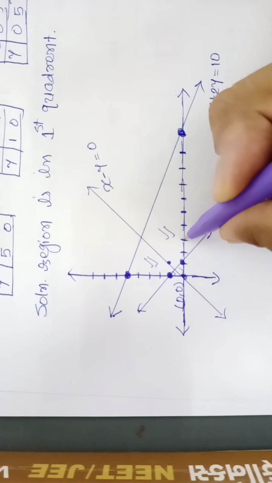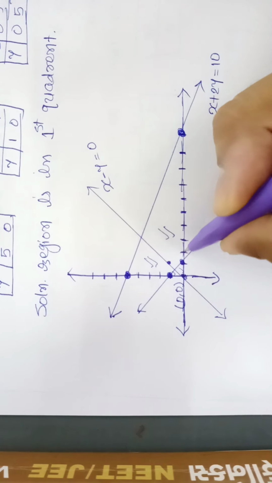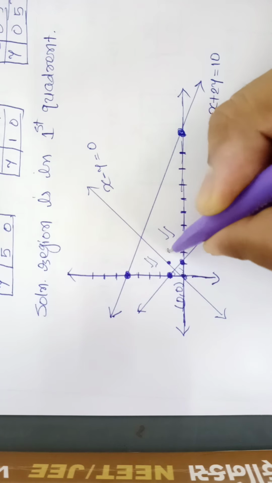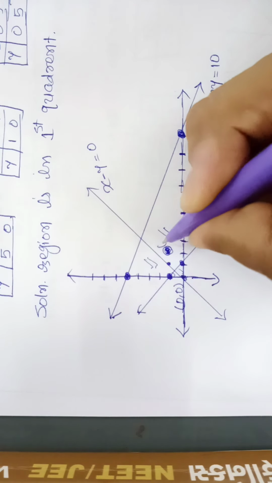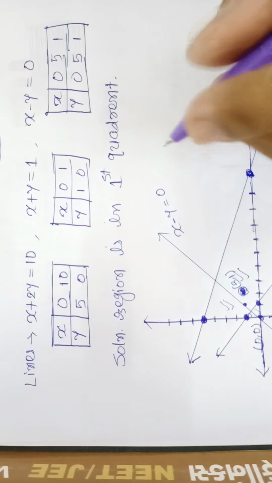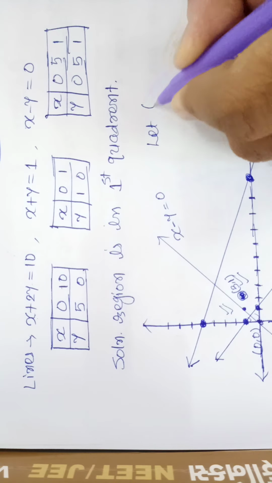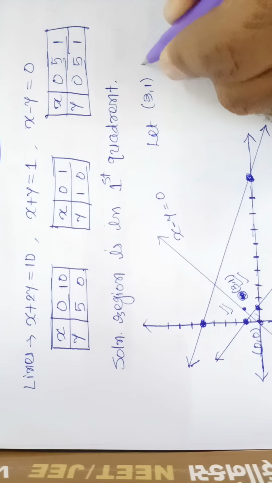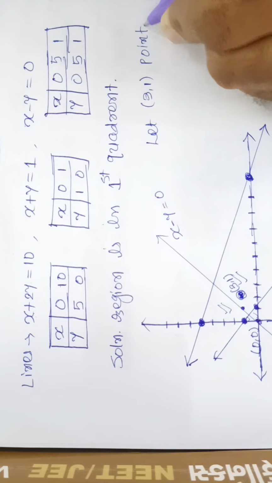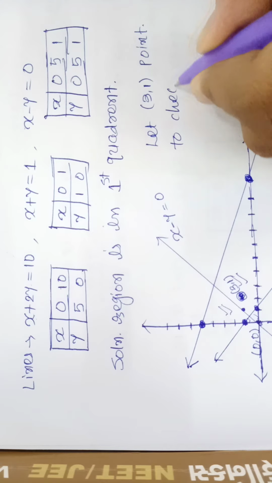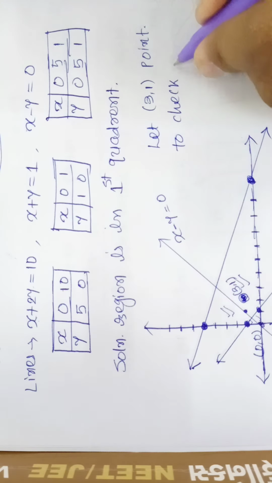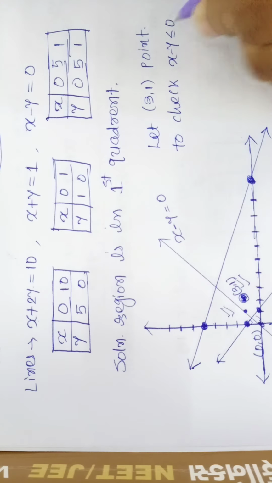How do we decide? Let us think about this point. What about this point, 1, 2 and 3? So I think this point is 3, 1, right? Is 3, 1 satisfied or not? Let us check the point 3, 1 in x minus y less than or equal to 0.